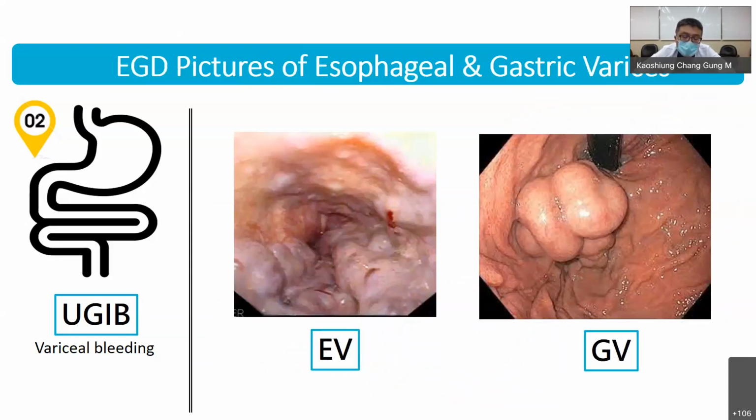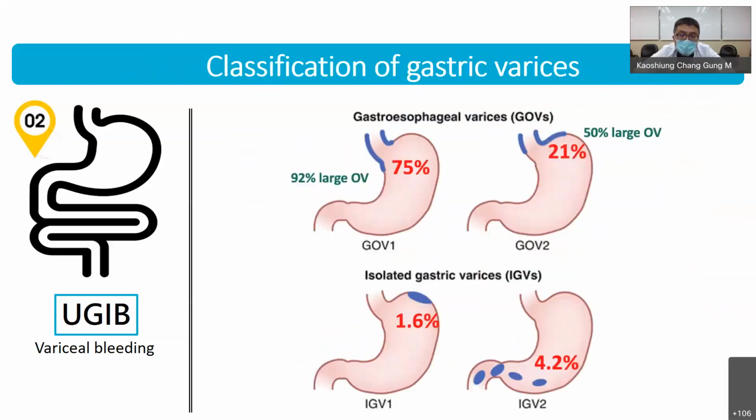These two pictures are real endoscopic pictures showing varices formation. The left side is EV, called esophageal varices. The right side is GV, which means gastric varices. We can further classify varices like GOV or IGV.